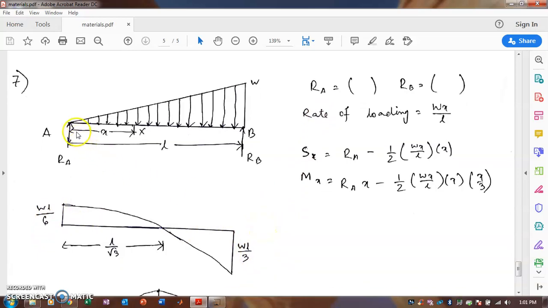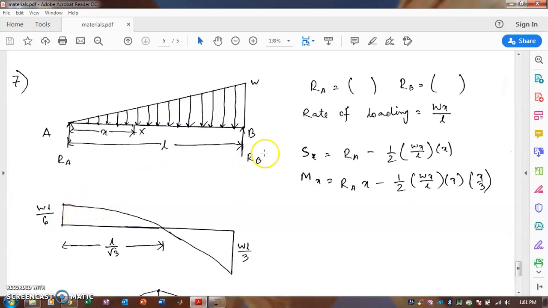So by a similar process, taking a point X at a distance X from this side, it will be positive and it will be negative. So now again the shear force curve will be a parabolic curve.